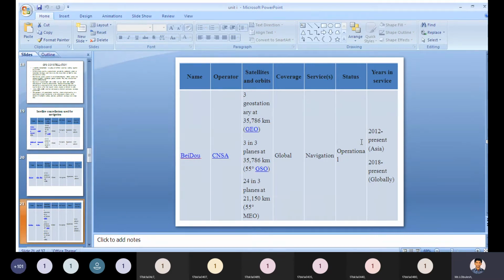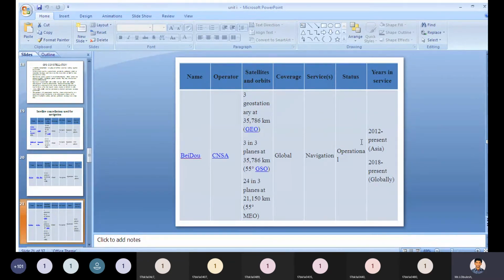In this we use 3 geostationary satellites, kept in 3 planes, at around 35,786 kilometers. The angle with the equator is 55 degrees, GSO, geostationary orbit.